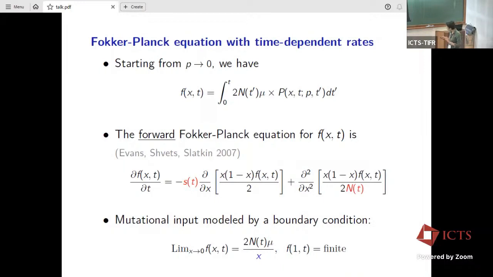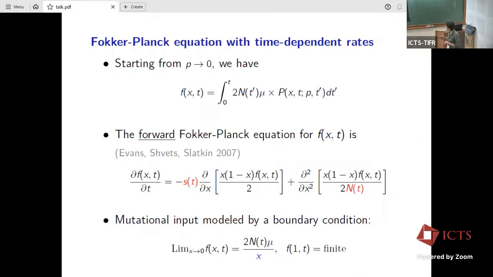Let me just explain this to you. It's saying that when the frequency is very, very small, no forces are important except genetic drift. So there, the SFS is simply the answer I gave earlier, which is 2n mu by x. They model the mutational input through this boundary condition, and this is the other boundary.